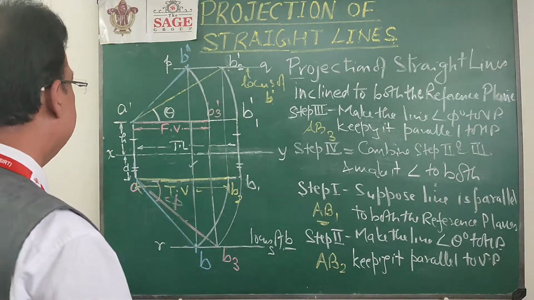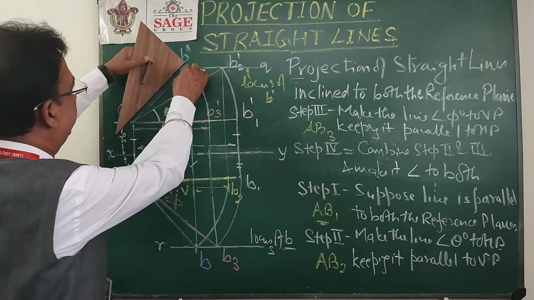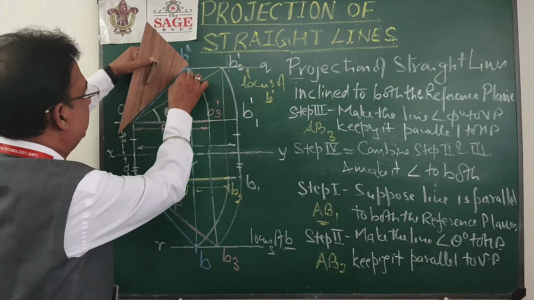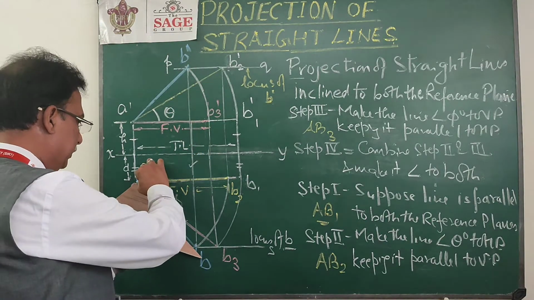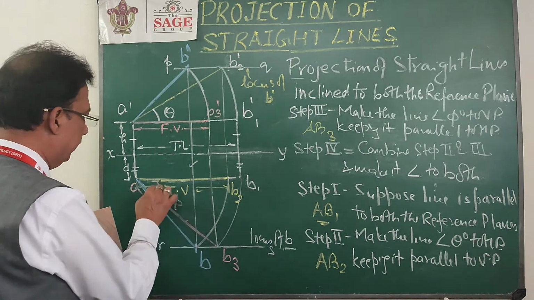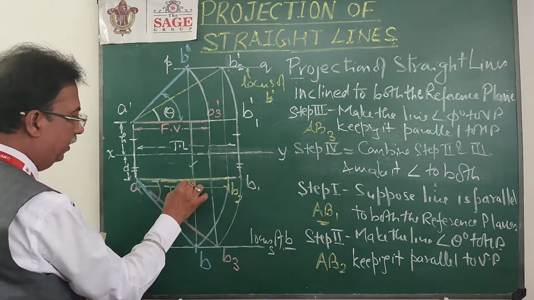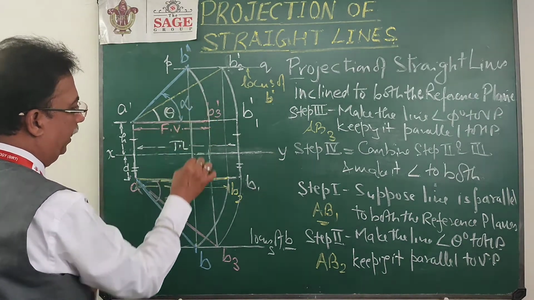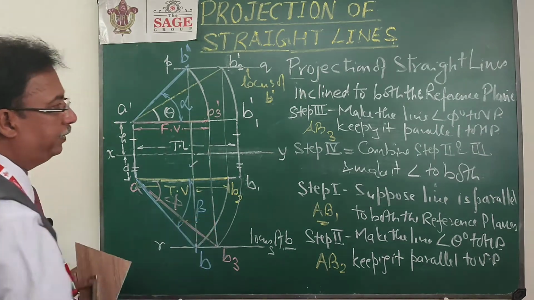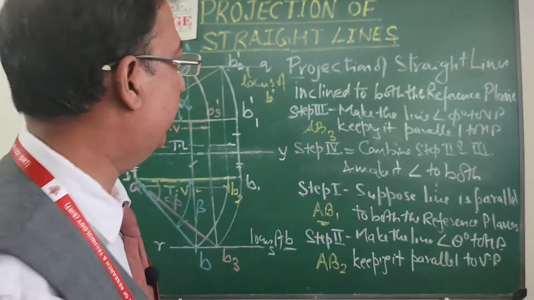If that is so, then we have solved it correctly. And now look at this final line, A dash B dash. This front view is shortened. Look at this top view, this is shortened, and look at these angles. The angles are enlarged, and this is denoted by alpha and this is denoted by beta. As you know that theta and phi are the true inclinations of a line.